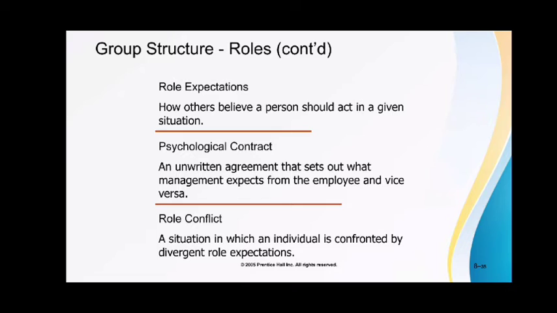For example, a teacher may be expected not only to deliver lectures, assign homework, and prepare examinations, but also to be dedicated, concerned, honest, and responsible. And the psychological contract, an unwritten agreement that sets out what management expects from the employee and vice versa.